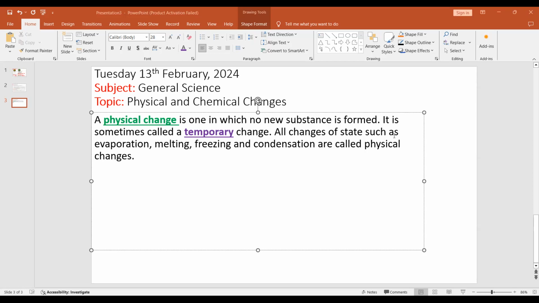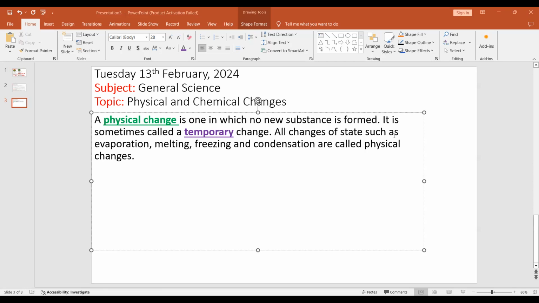Now, my next question is, can it turn back into a liquid? Yes. How can we turn that solid ice into a liquid? We need to let it melt. So we need to expose it to heat, and it can change back. That's the thing about physical changes.